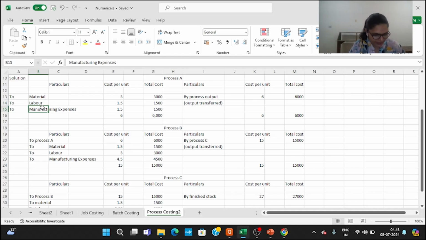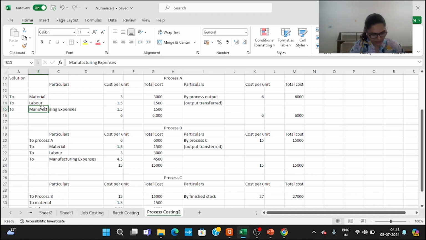Material, labor, and direct expenses: we all know material is the basic material related to production, which is shown in the first process. This material is shown at its cost. Similarly, labor: in each process, work is performed by separate workers. The wages paid to these workers should be debited to the process in which the workers are functioning.